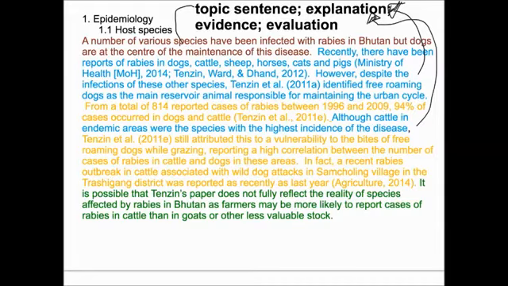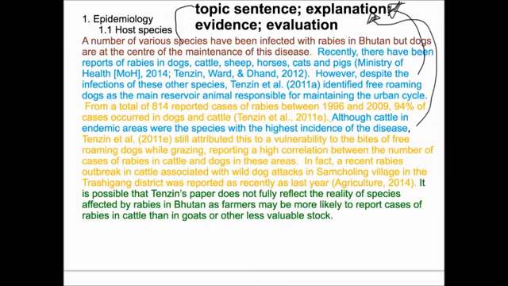But they, in the topic sentence, wanted to talk about dogs having the central role. Yeah, that's explained more as well. Tenzin identified free-roaming dogs as the main reservoir animals responsible for maintaining the urban cycle. So this is explaining out this topic sentence more.